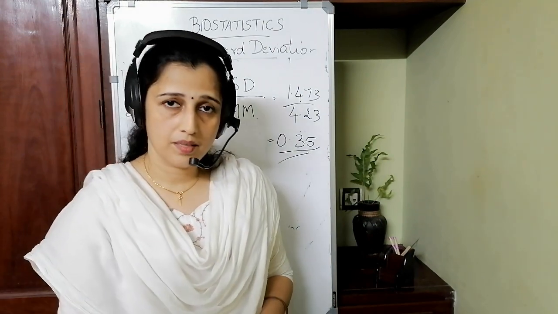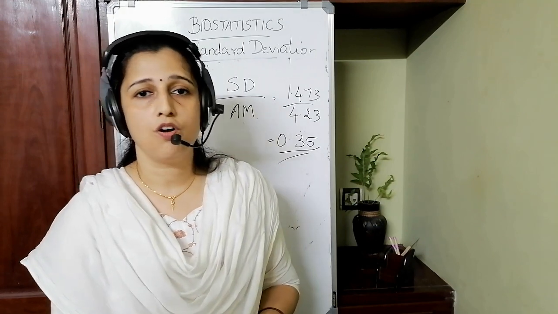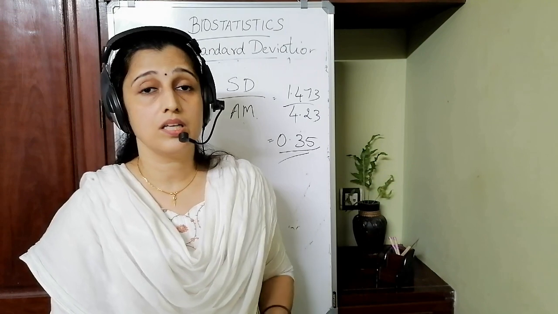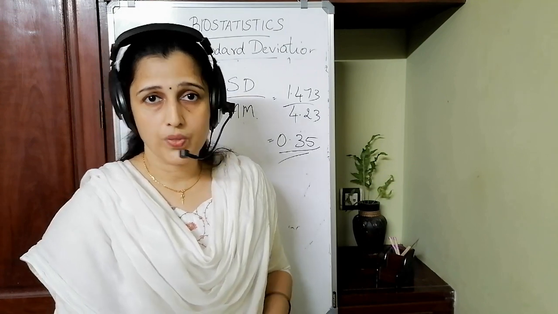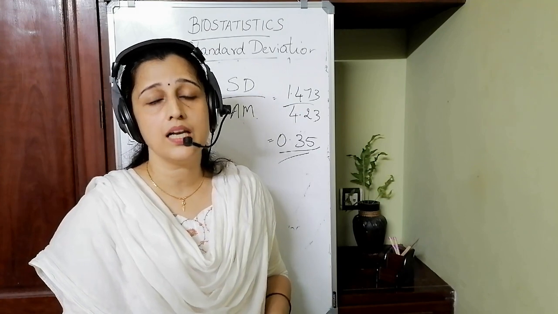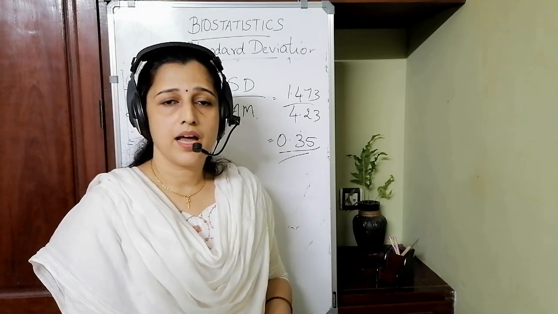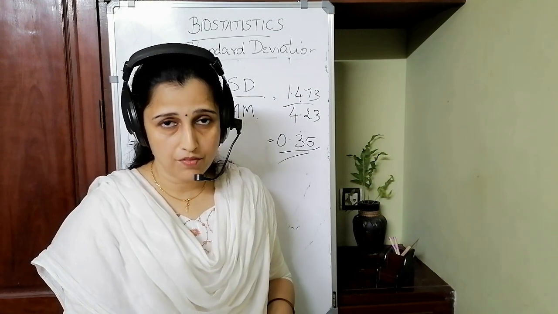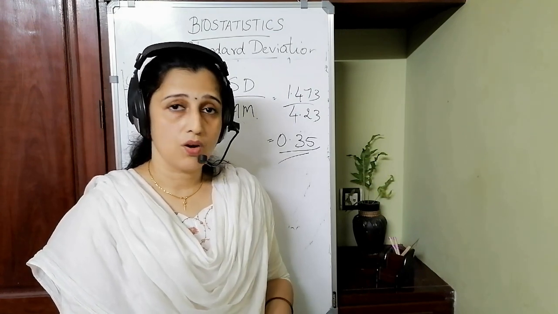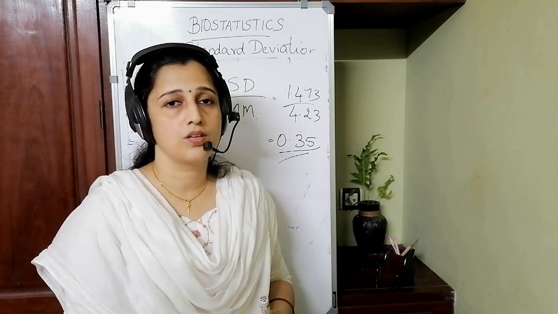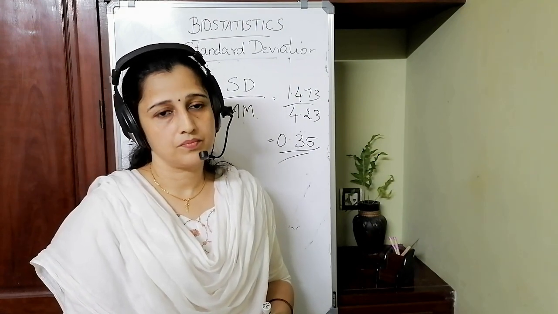Now let's see what are the merits and demerits of standard deviation. Standard deviation is a rigidly defined one which has very good application in handling biological data, and it summarizes the deviation of a large number of observations from the arithmetic mean and is expressed as one unit of variation.